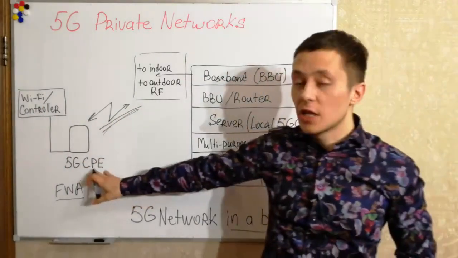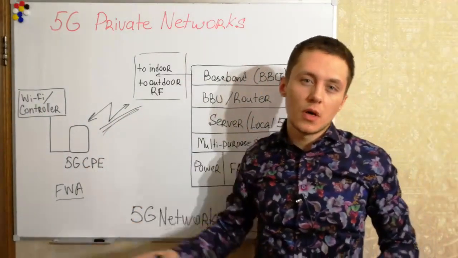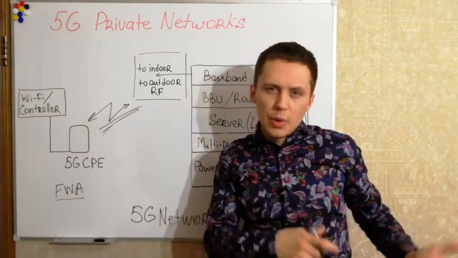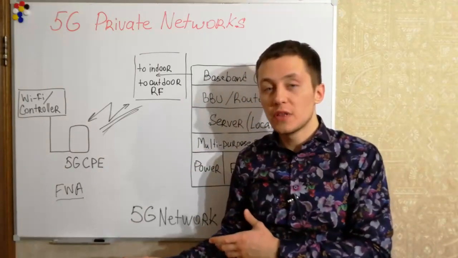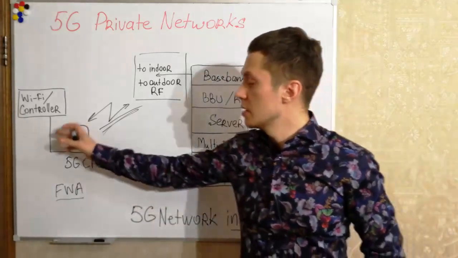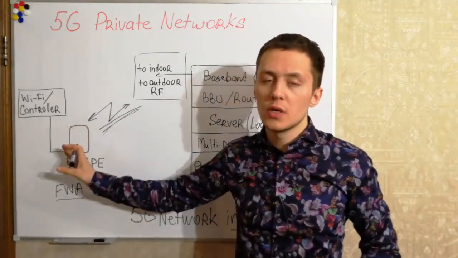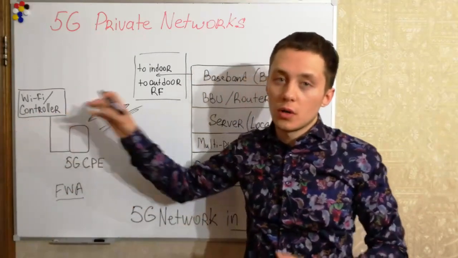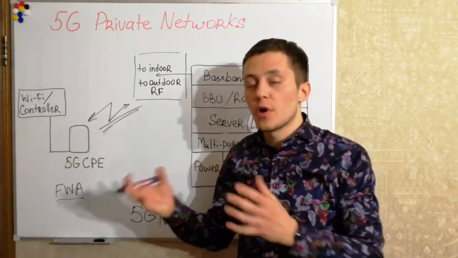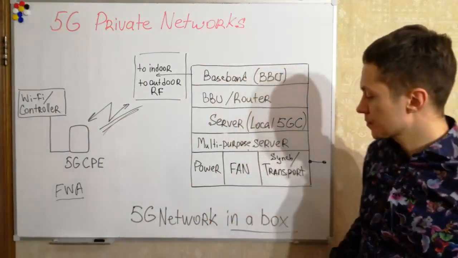And such an industrial CPE can be served by either the public radio access network or a private network. It doesn't matter. It can be an access point, a start point for a local part of a private network, for example.